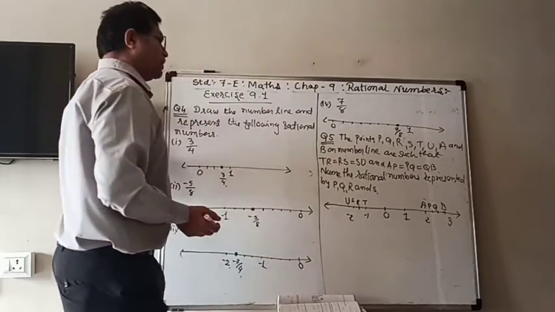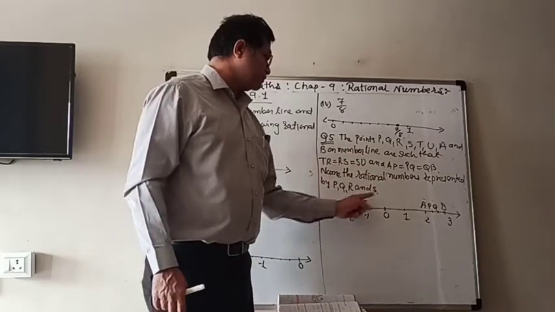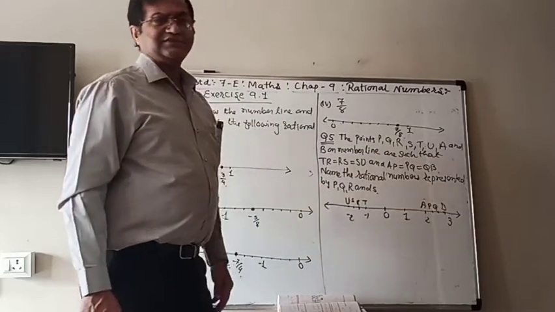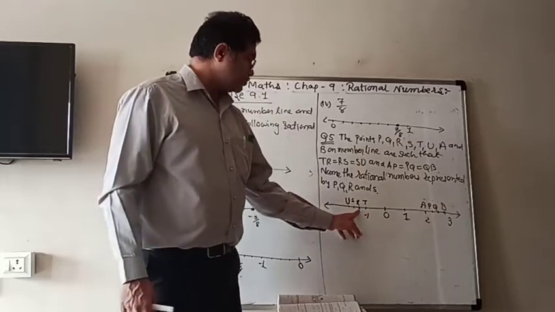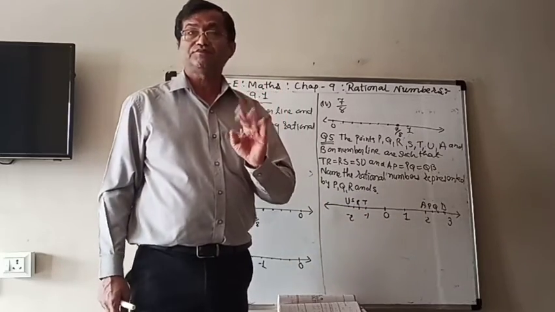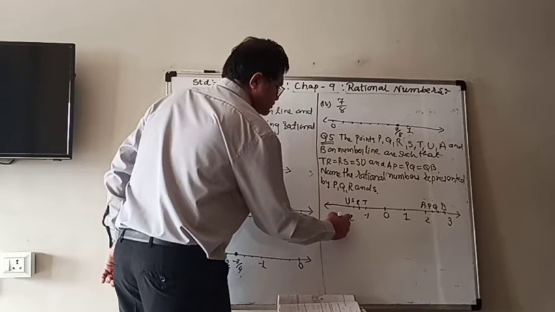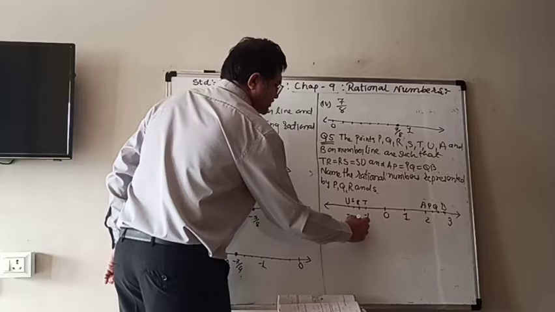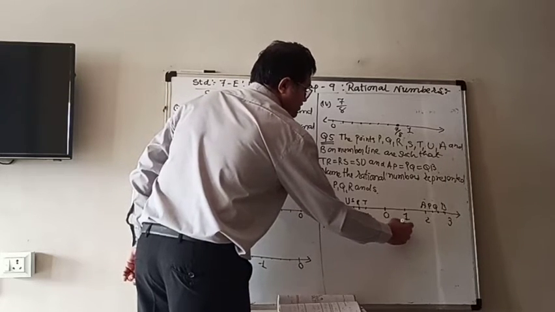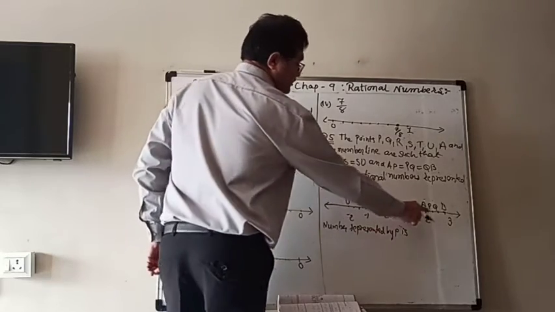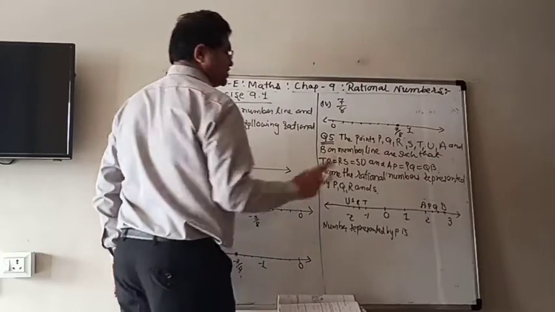Now we have to write down the number represented by just 4 points P, Q, R and S. You can see that 3 equal parts are done. So now the number represented by P is, how many equal parts are there? 3, and then from that 1 part is taken.